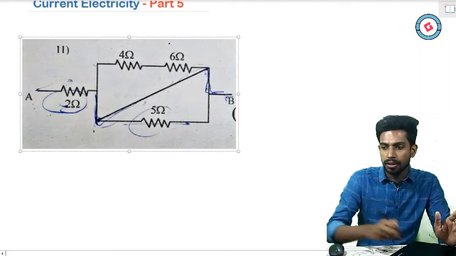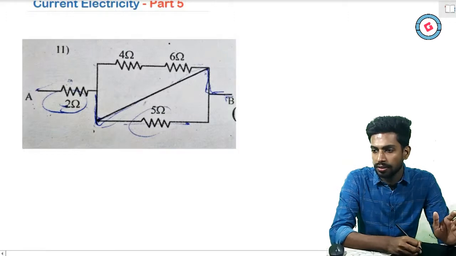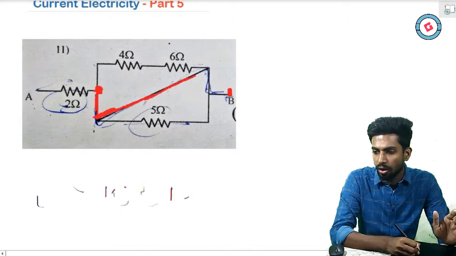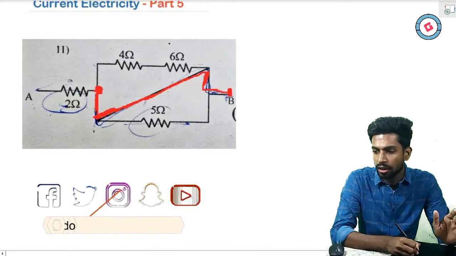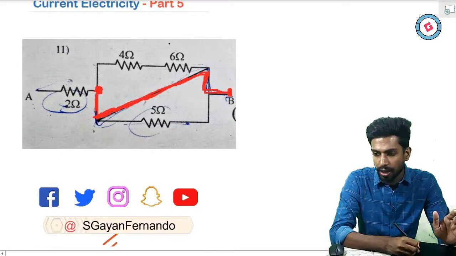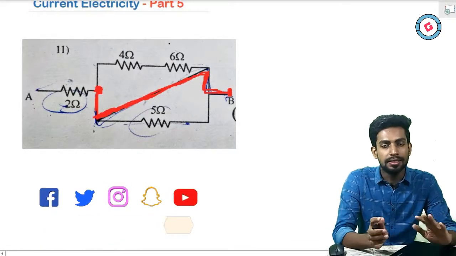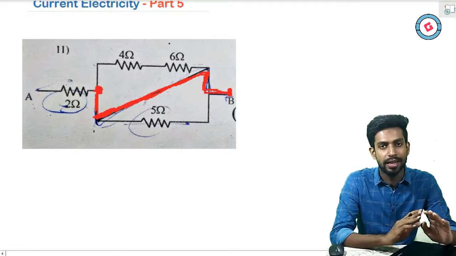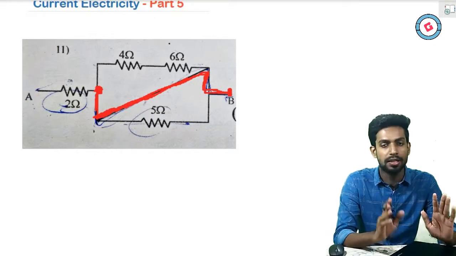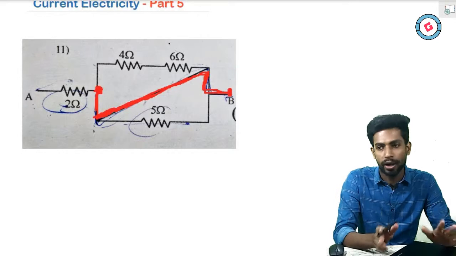In this system, take these 2 points, this point and point B. I can move from this point to point B only on this wire. I have a path. That path doesn't contain any capacitors, any resistors, any electrical cells, just an electric wire.